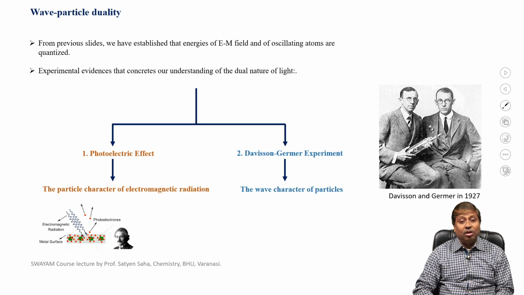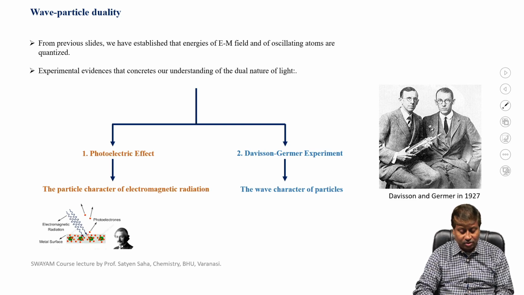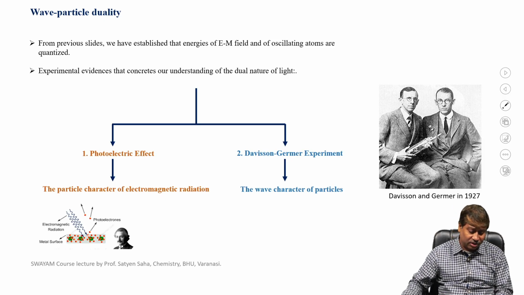Then wave particle duality has come. A few early experiments that we will be discussing show that wave particle duality is really a property of light. We will be discussing two things: one is the famous Einstein's experiment, the photoelectric effect, and another one is the Davisson-Germer experiment. The first shows that light should have a particle nature, and the second that it should have a wave nature.